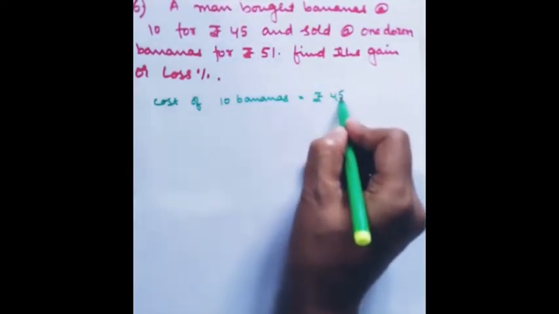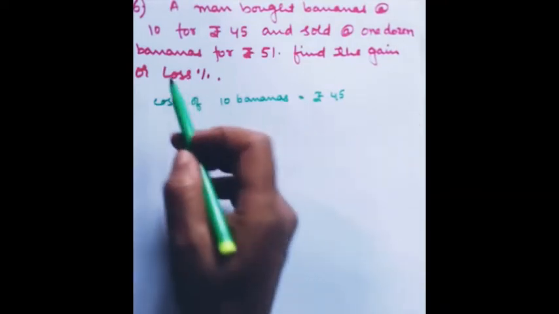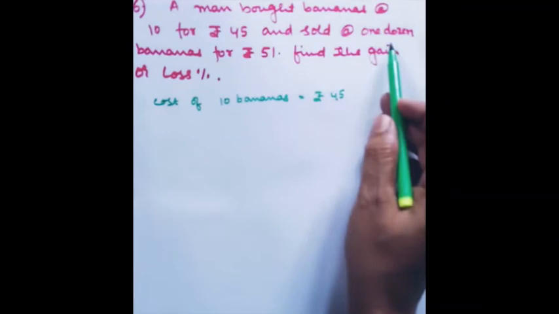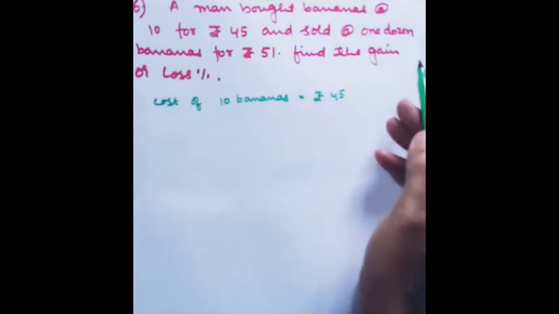Now children, try to understand here, cost of 10 bananas is given and selling price of 12 bananas is given. So it would not be feasible for us to go for 10 bananas for CP and 12 bananas for SP. So let us find CP and SP on one banana.